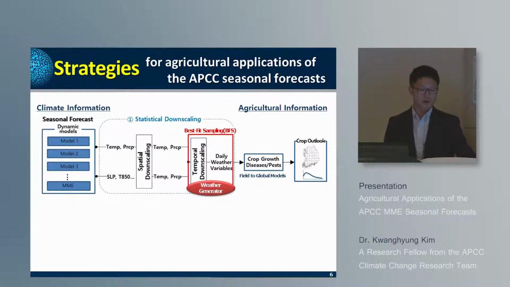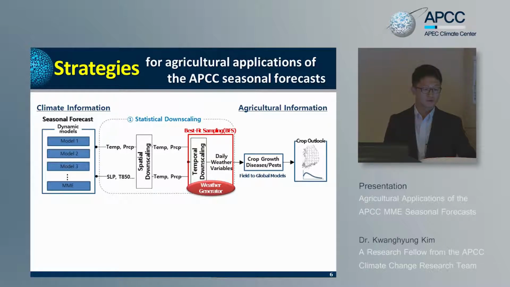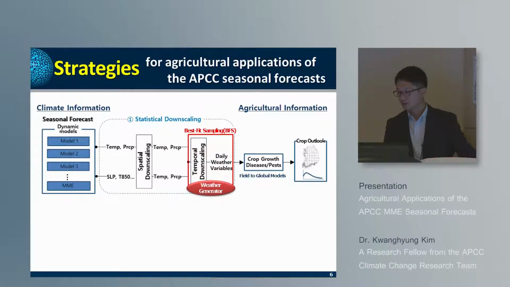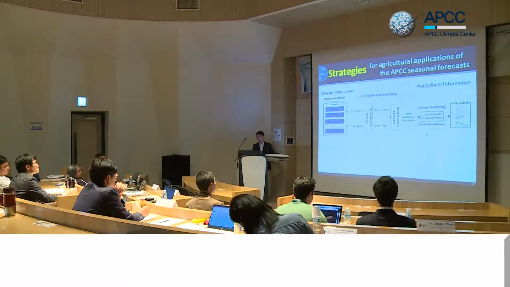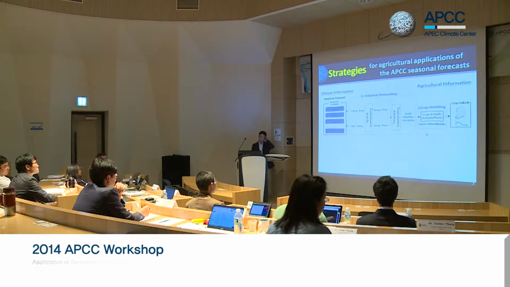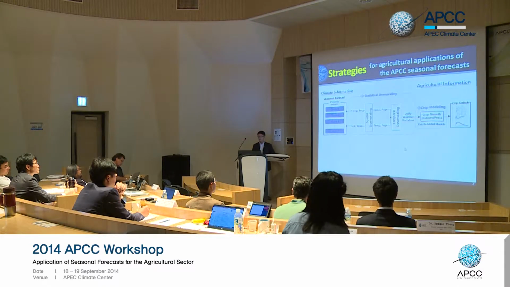Since we believe some crop models are too sensitive to daily weather variations, which can be introduced by the weather generating process, we have to actually evaluate each crop model based on the seasonal forecast produced by the downscaling methods. So it's up to you which crop models you deal with. That depends on your decisions.